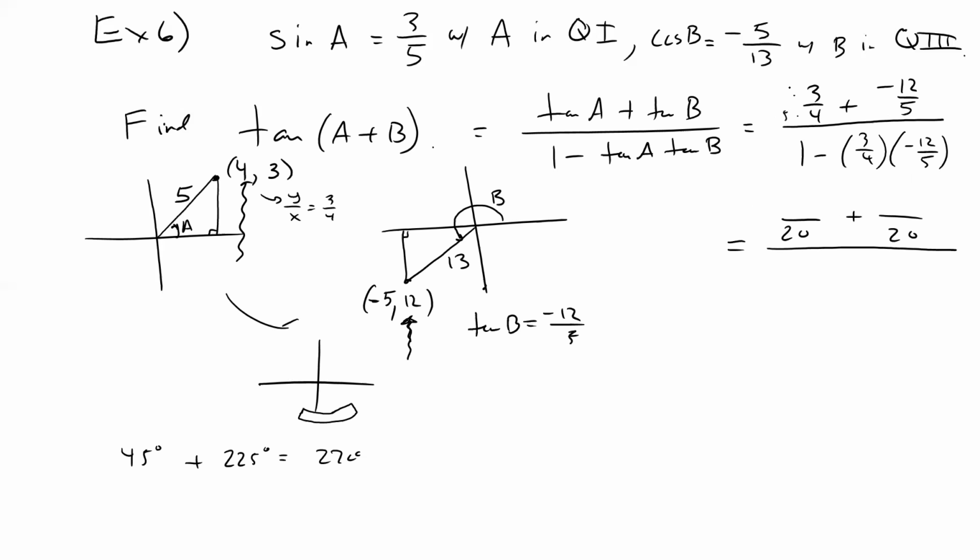It's going to be multiplication by 5 here, so 15. This will be multiplication by 4, and 4 makes -48. And then this one is the multiplication of those together. There's a minus in front and a negative on the inside, so it'll be plus 36 over 20.